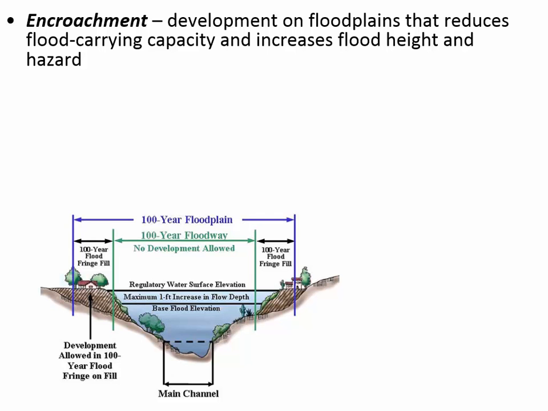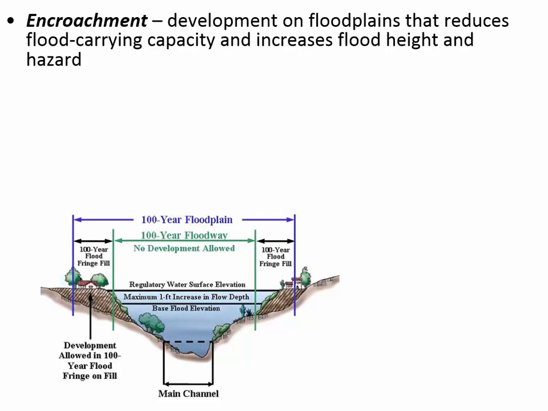So during a 100-year storm, when you've added more soil to reduce the cross-sectional area of the channel, then the water level is actually going to get higher in the same storm. Normally the 100-year storm would maybe be at this level if this newly hatched area wasn't filled in.